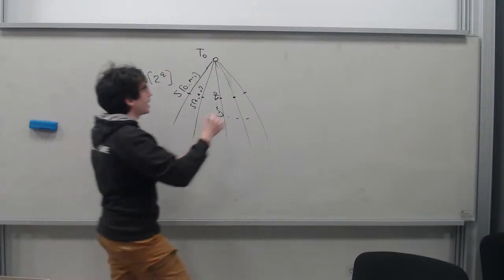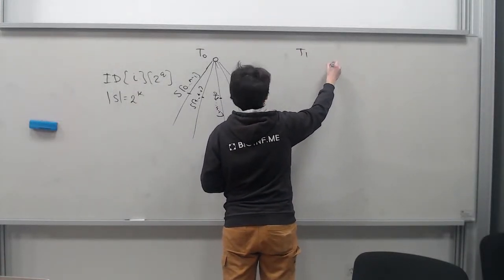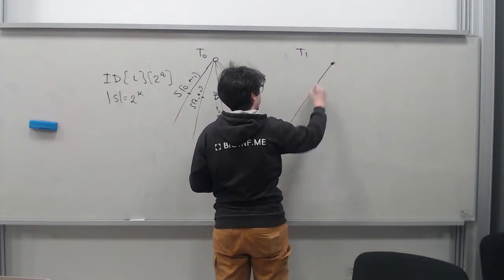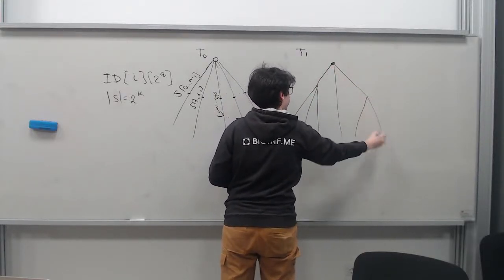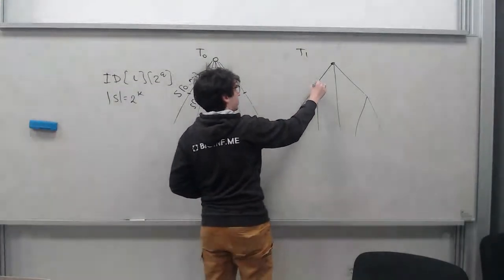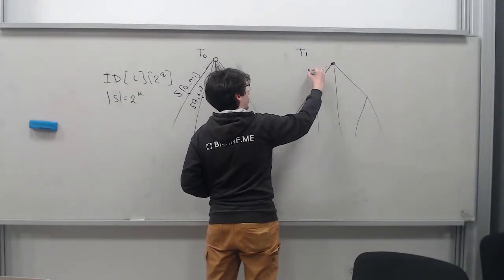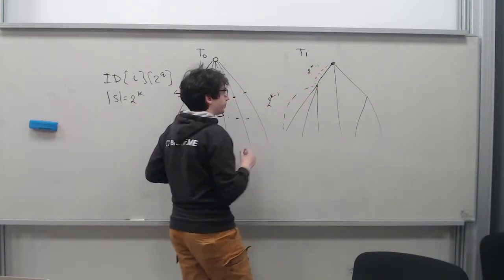After one iteration, we will have the tree T1 that will look like that, where the length of the string is 2 to the power of k minus 1, and here is also 2 to the power of k minus 1.